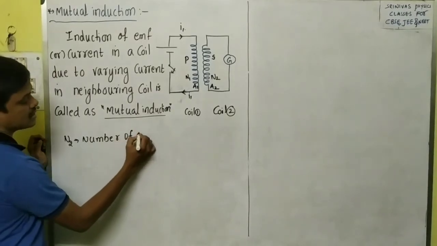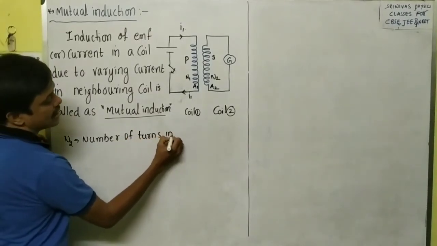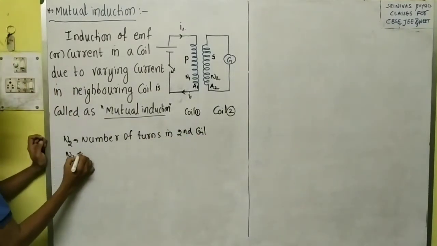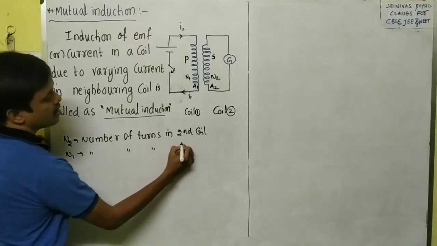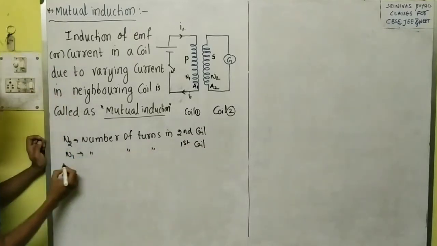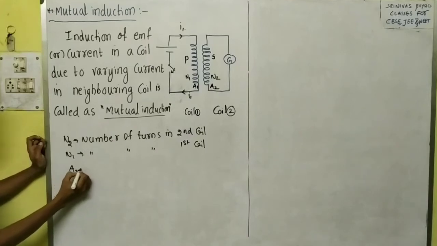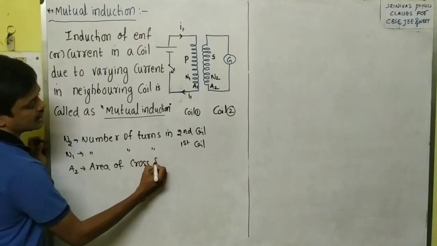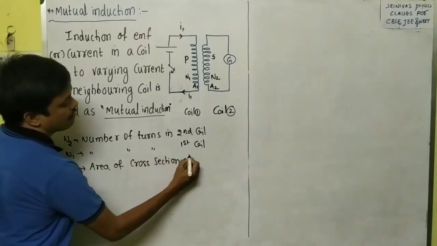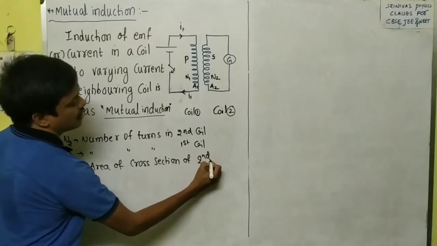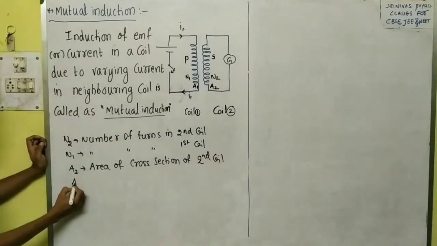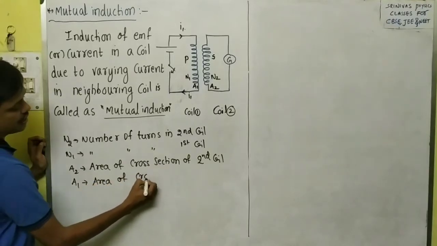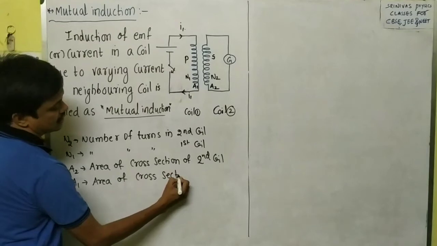A2 is the area of cross section of the second coil, and A1 is the area of cross section of the first coil.